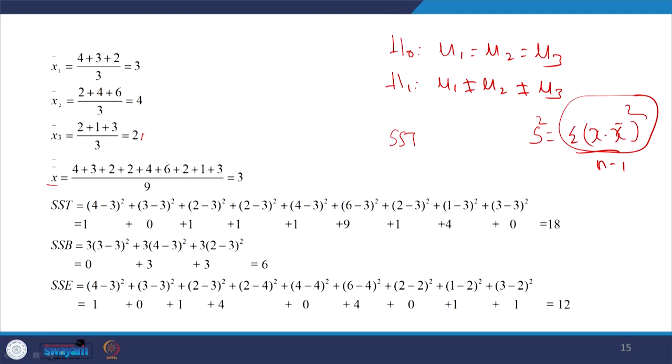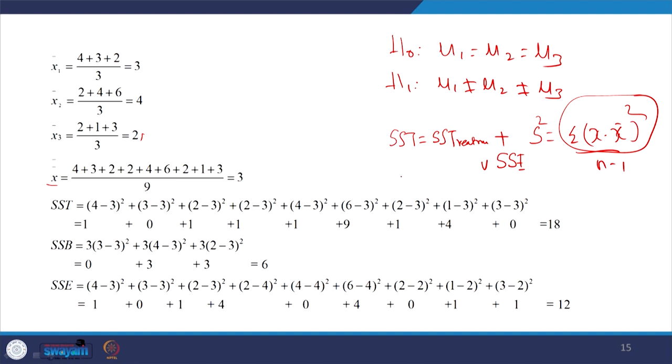So, I am going to find out the overall variance, that is SST, and group it into two categories. One is variance due to treatment plus variance due to error, that is error sum of square.